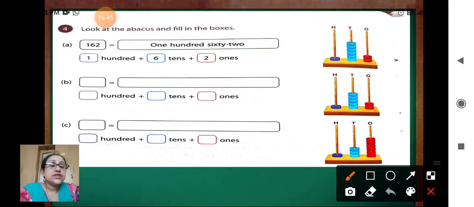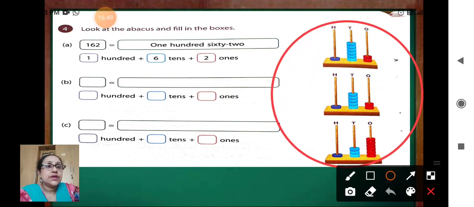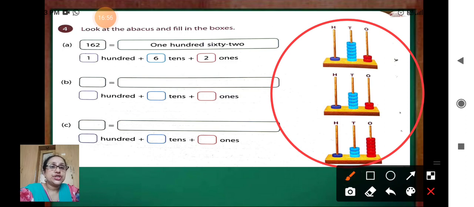Okay. First what you have to do? See here. Okay, 100 tens ones. Then you have to count the beads. Come to question B. Yes, from the ones place, start counting. 1, 2. Okay, write 2. Then in the tens place, 1, 2, 3, 4, 5. Yes, 5.